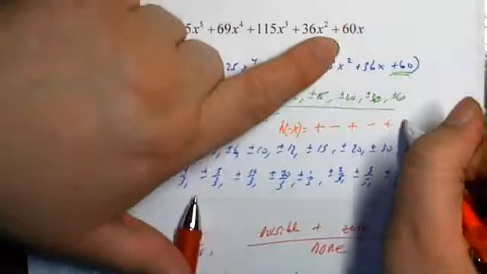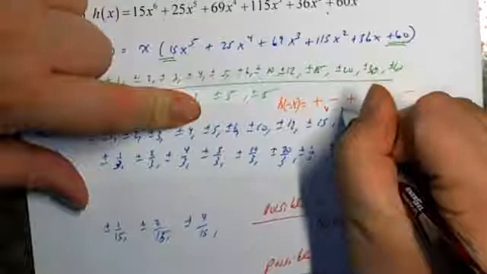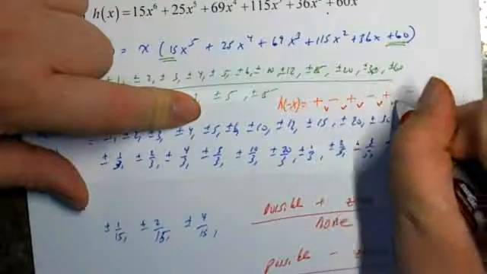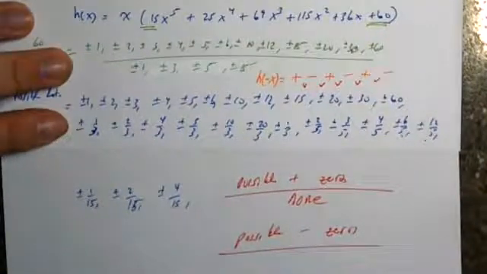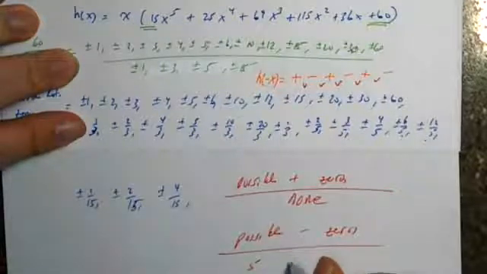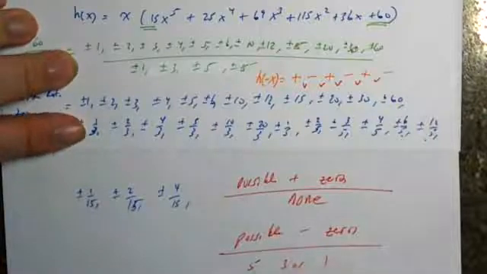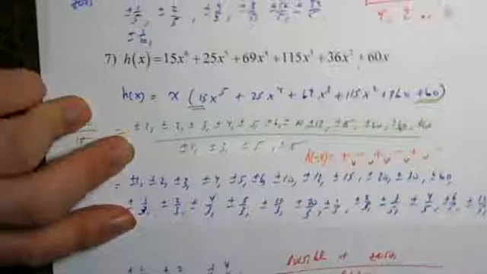Changes, negative. 1, 2, 3, 4, 5 sign changes. 5 sign changes. So how many possible negative zeros? 5, 3, or 1.